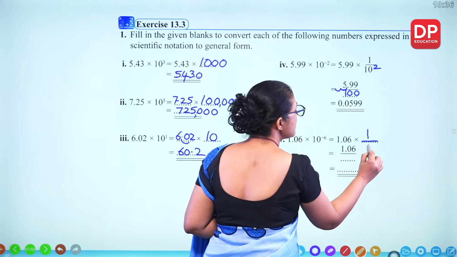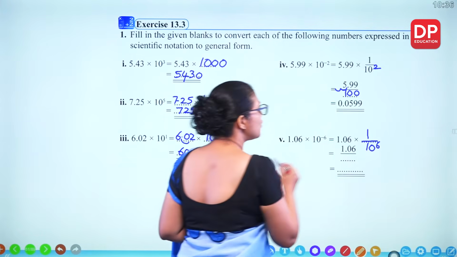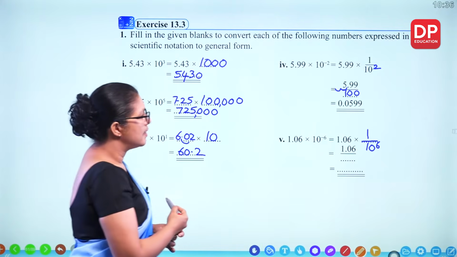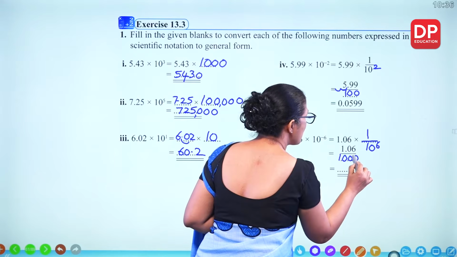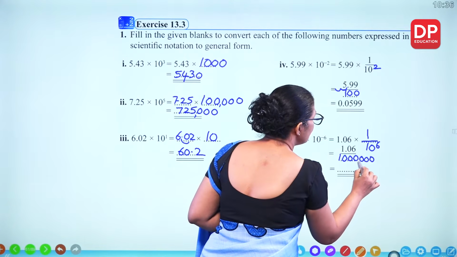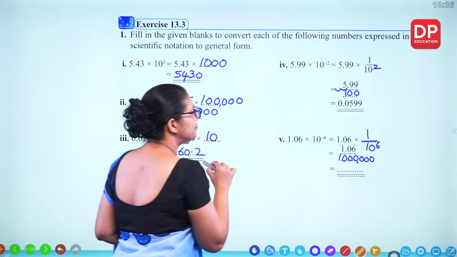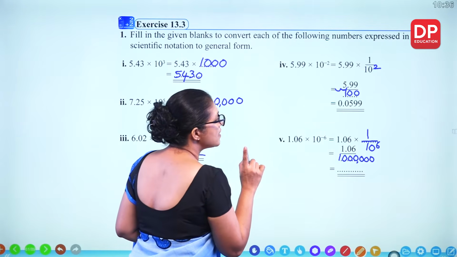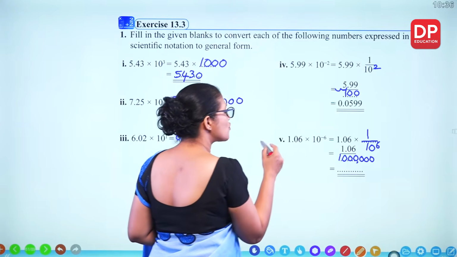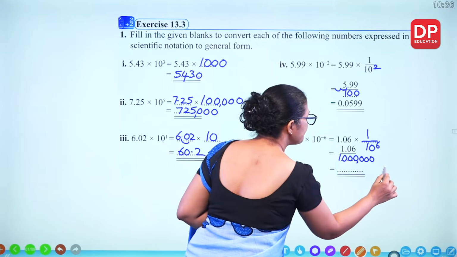This one, 1.06, 10 to the power minus 6. So I can write this one as 1 over 10 to the power plus 6. So divide this number by 1 with 6 zeros, so 1 million. When you divide by 1 million, what happens to the decimal place? Move 6 places to the left.